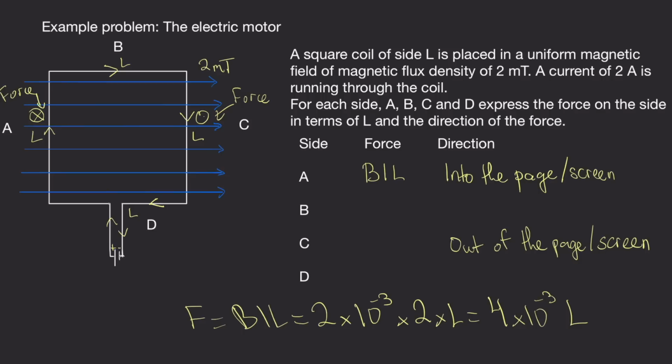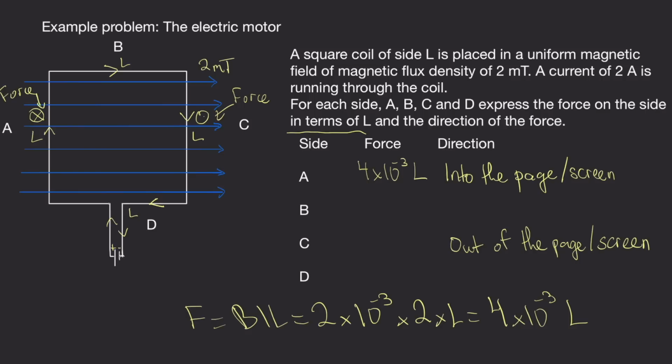And this question wanted us to write it in terms of L. So right over here for the force, I'm just going to write 4 times 10 to the power of minus 3 L. Now look at this. For B, the magnetic flux density is going this way, but so is the current. So there is no component of the magnetic flux density that is perpendicular to the conductor.